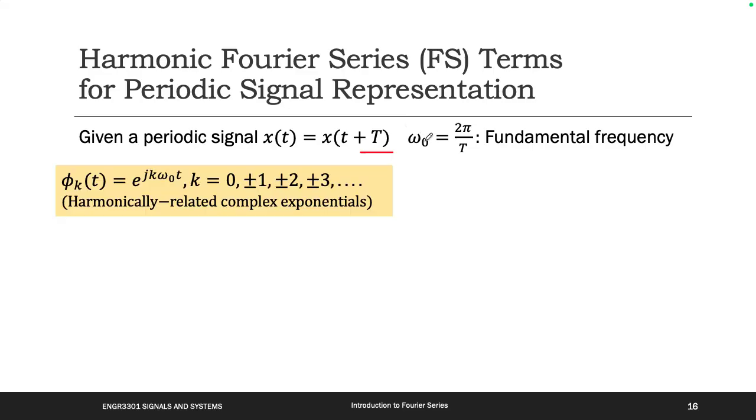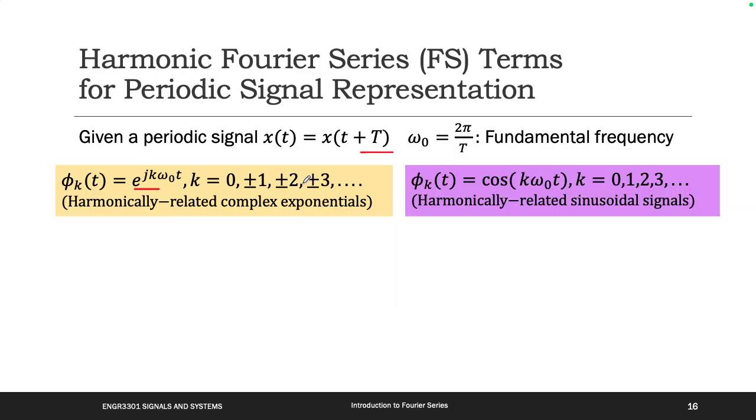Okay, and then these are the harmonically related complex exponentials. We use these equations to represent the harmonically related complex exponentials, which means that with a different k, it will have a different frequency and a different period, am I right?